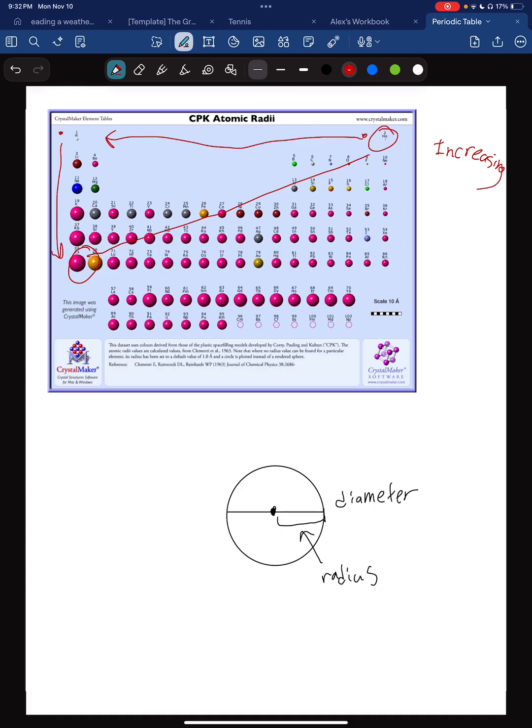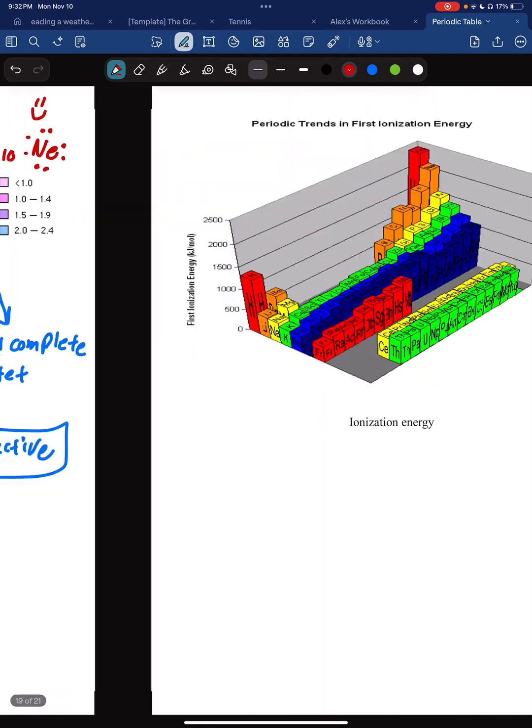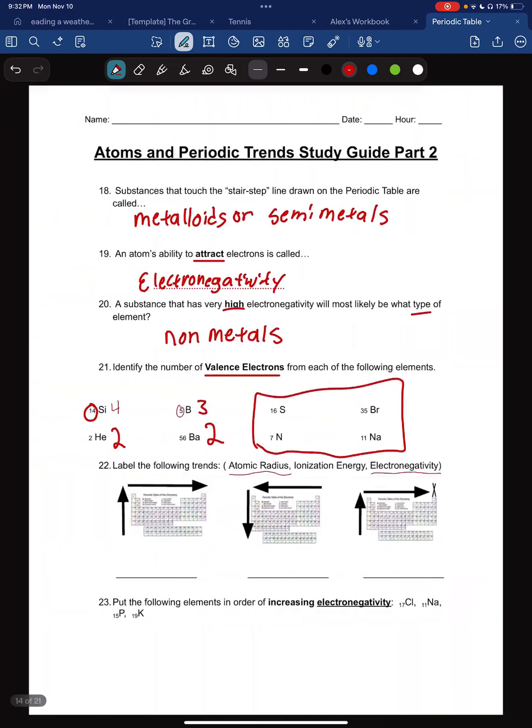The atomic radius is going to increase from the top right to the bottom left. So we would go back to our questions and find the one that looks like that, and atomic radius is going to be our second one. So we've got atomic radius.